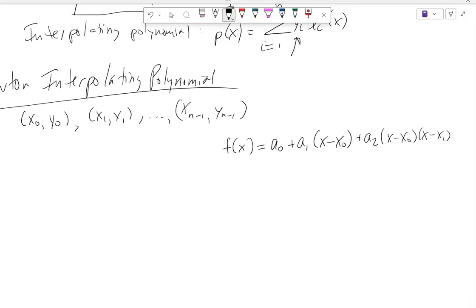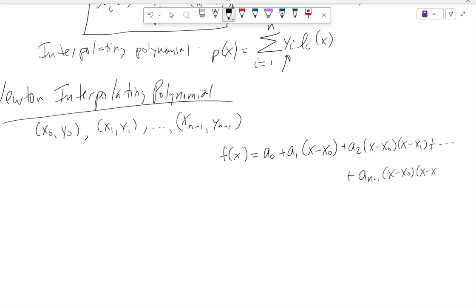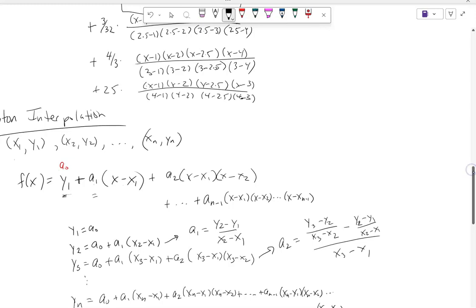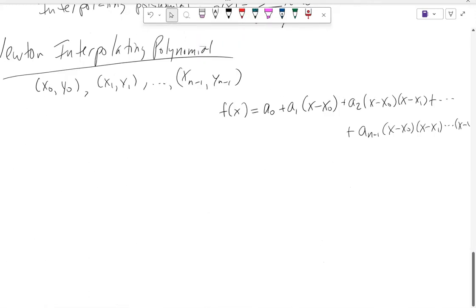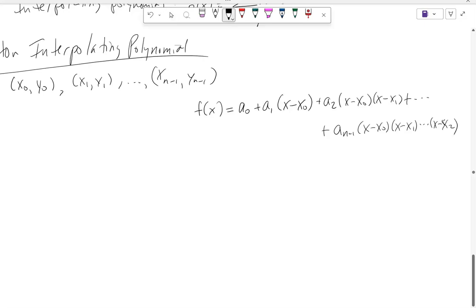And I'll continue this until I get to the last coefficient I need, like so.